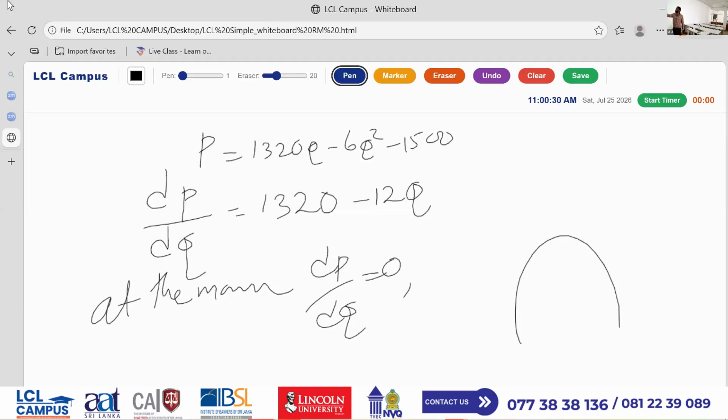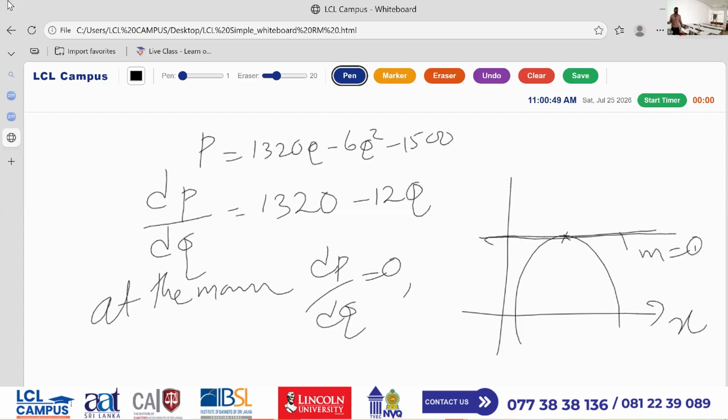At the maximum point, if you draw the tangent, what happens? That tangent goes parallel to the x-axis, no? The tangent drawn at the turning point goes parallel to the x-axis. That means its gradient is 0. Gradient 0 means differentiation is also 0. That is the reason.